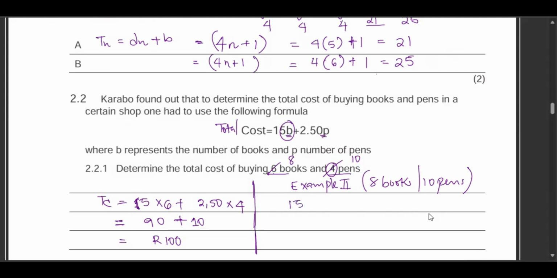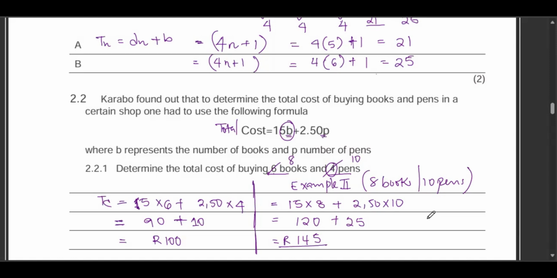First and foremost, it's going to be 15 times 8 plus 2 rand 50 cents times 10. So this became 120 plus 25 rands, and you end up having your answer as 145. This is what it states.